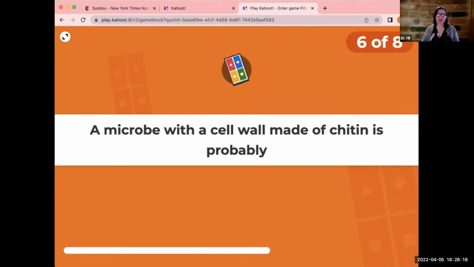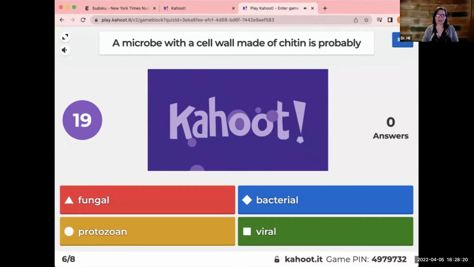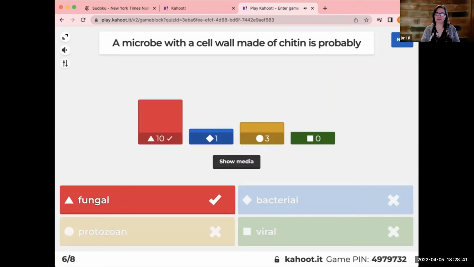A microbe with a cell wall made of chitin is probably a fungus.